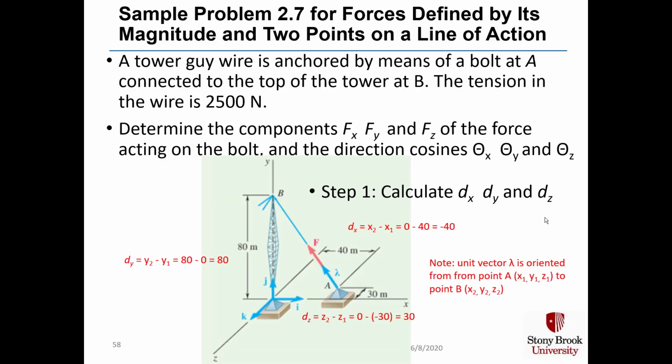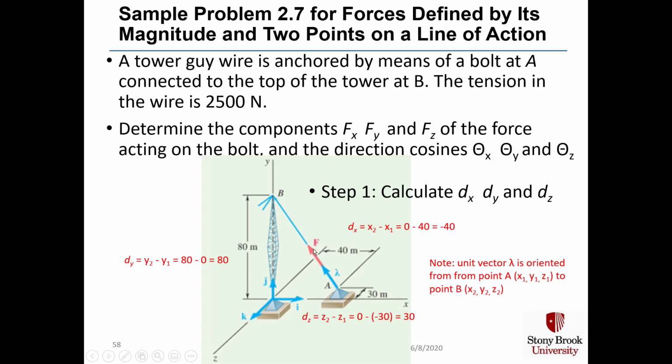Let's illustrate how to define force F with a sample problem 2.7. In this problem, a tower guy wire is anchored by means of a bolt at point A and connected to the top of the tower at point B. The tension in the wire is 2,500 newtons, and that tension acts up to keep this tower from keeling over and falling down in a counterclockwise direction.